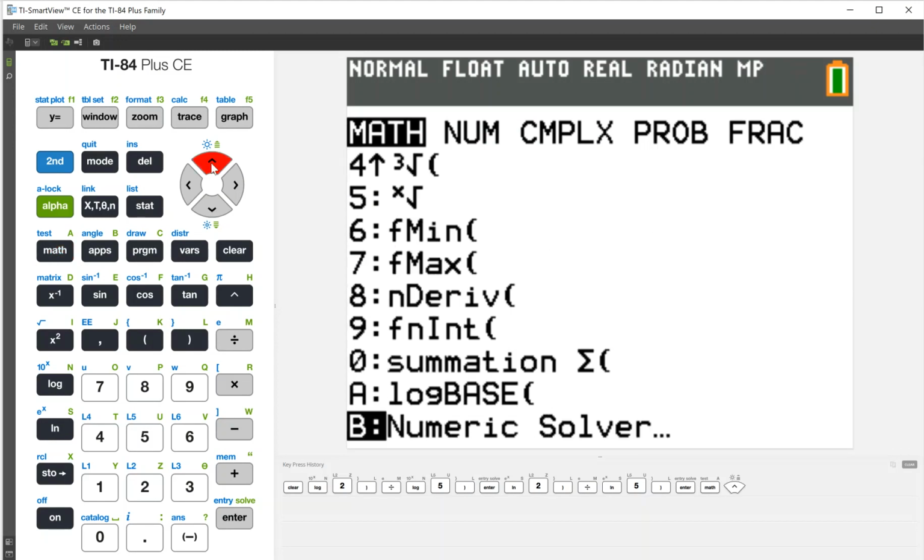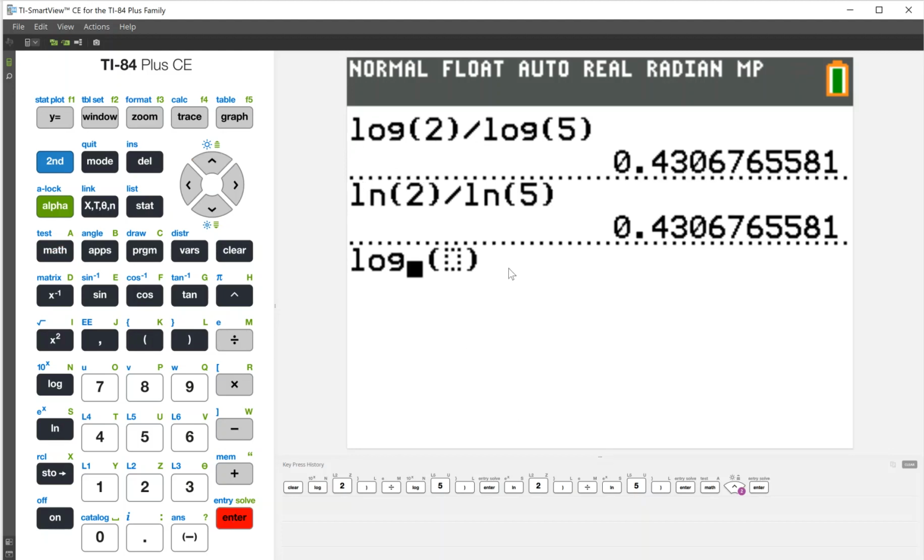Sorry, I'm going to click up because it's faster. And we're going to choose option A here for log base. We'll hit enter, and that lets us choose the base and then put in an entry here. So we're going to compute log base 3, we'll arrow over and put 2 here.